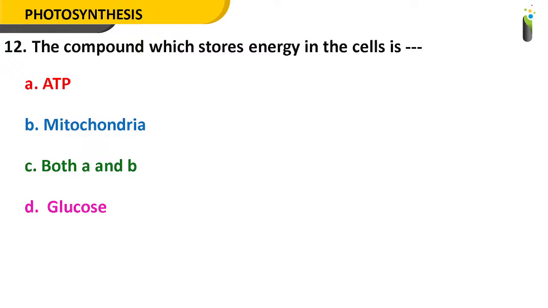Correct answer for question number 12 will be A. ATP. So ATP stores energy in the cells. It's a biologically utilizable form of energy, the full form being adenosine triphosphate.